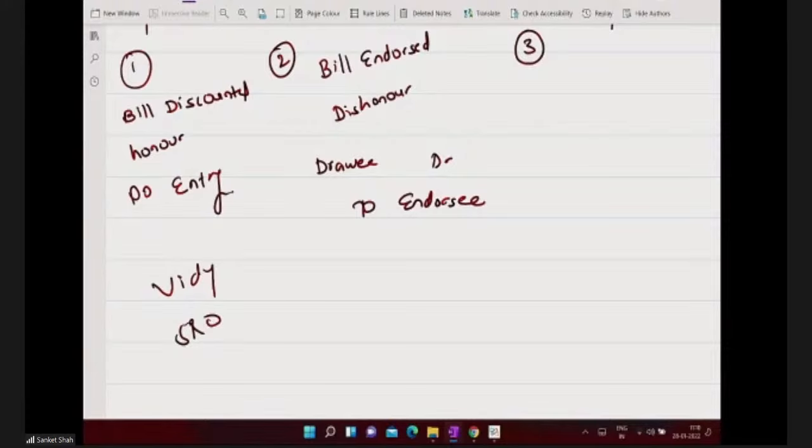Debtors to creditors. Very good. Or drawee to endorsee. Both answers are correct. Debtors to creditors.